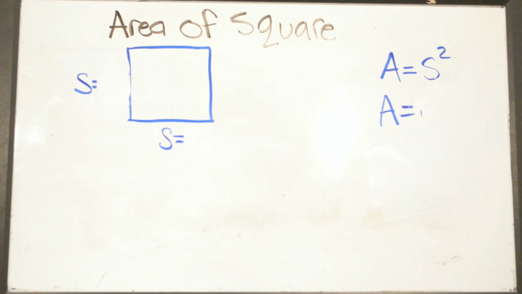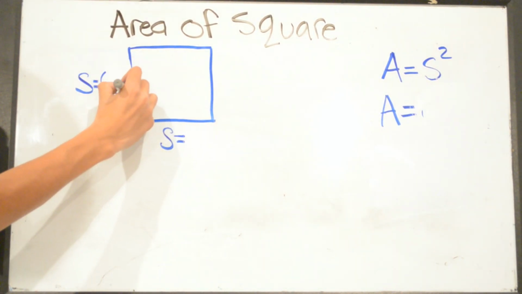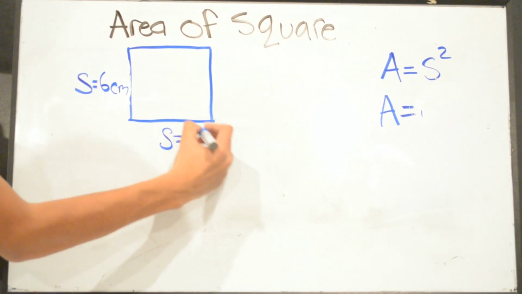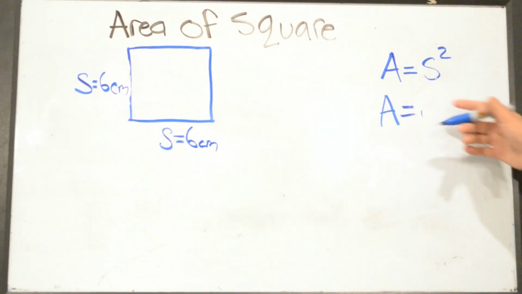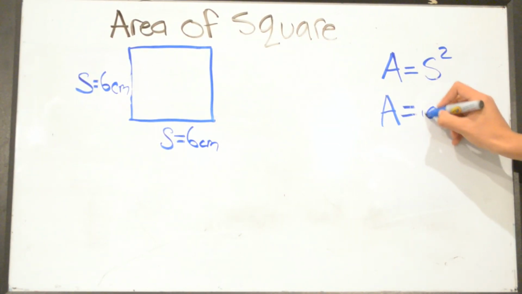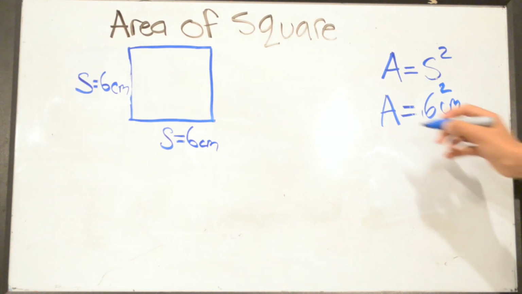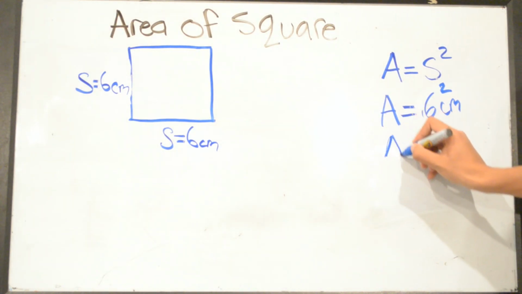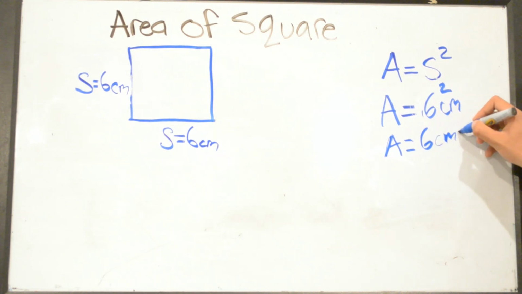Another example for the area of a square, we have 6 centimeters and 6 centimeters. Here we write down 6 centimeters squared. Then we multiply 6 centimeters times 6 centimeters.